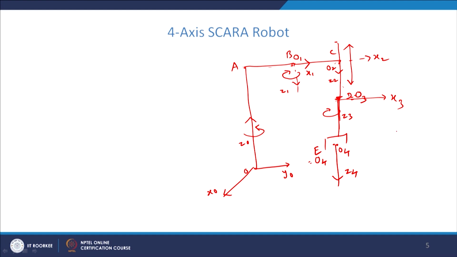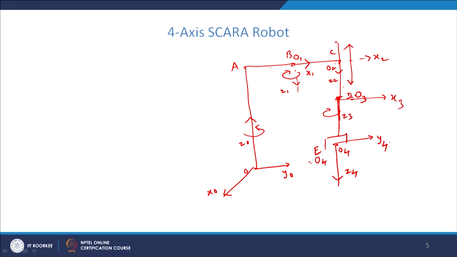And in the same way, for the end effector, Z4 is already fixed, and according to the convention, the line joining the two fingers of the end effector is called the sliding direction. That is always called the y direction. The approach direction is always called z direction.